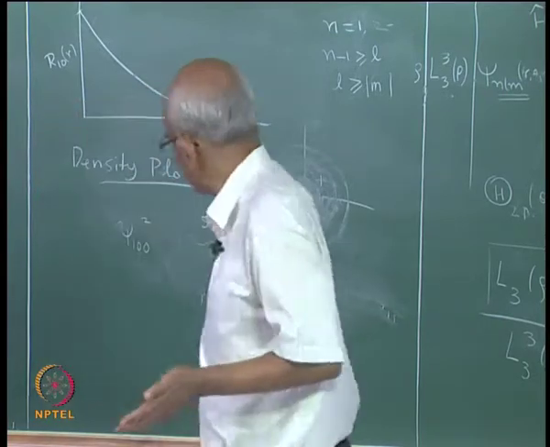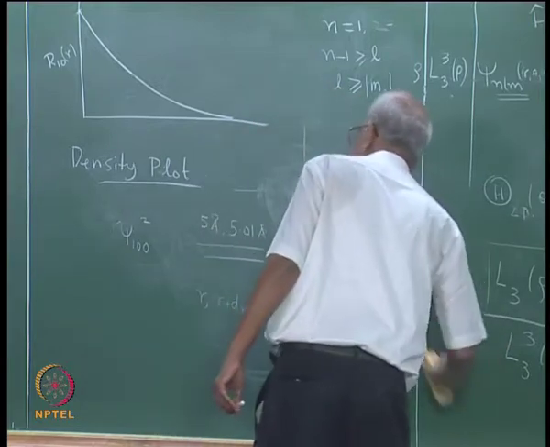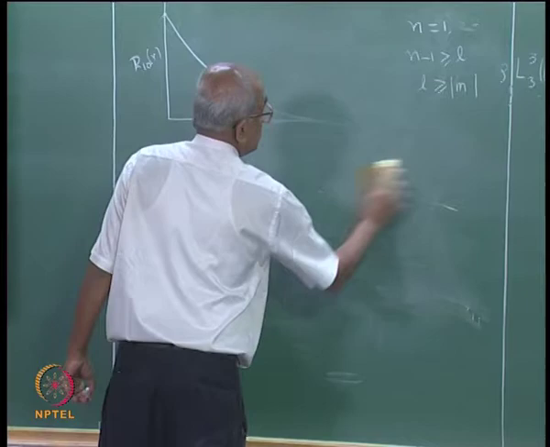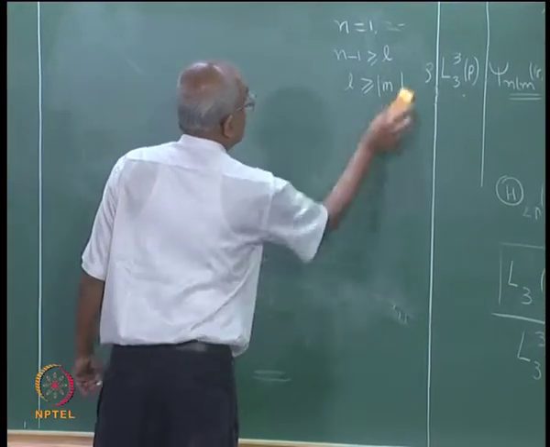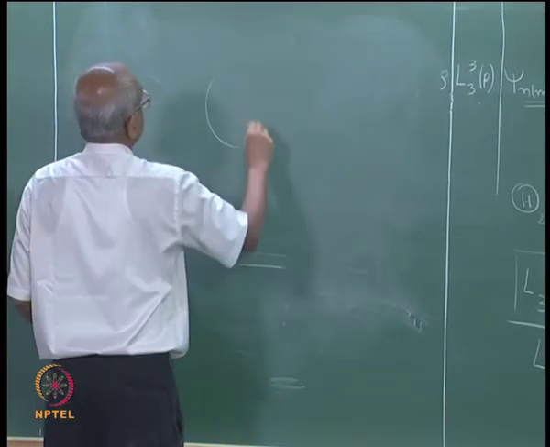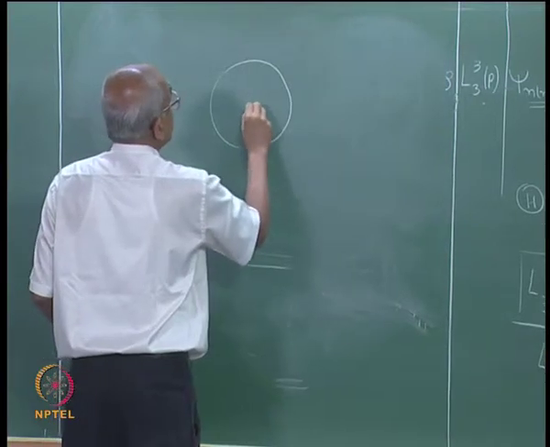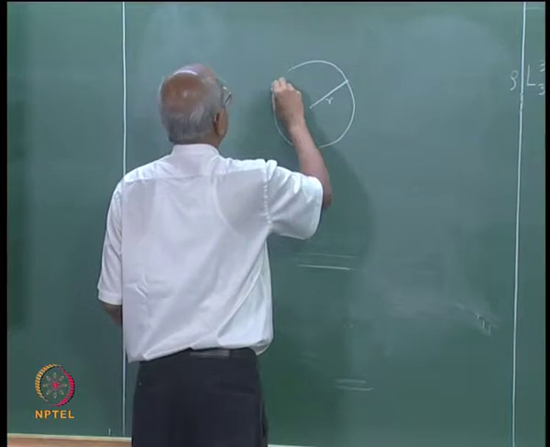Let me just draw these 2 spheres on the board. So, here is my first sphere, it has a radius equal to r, and here is my second sphere.